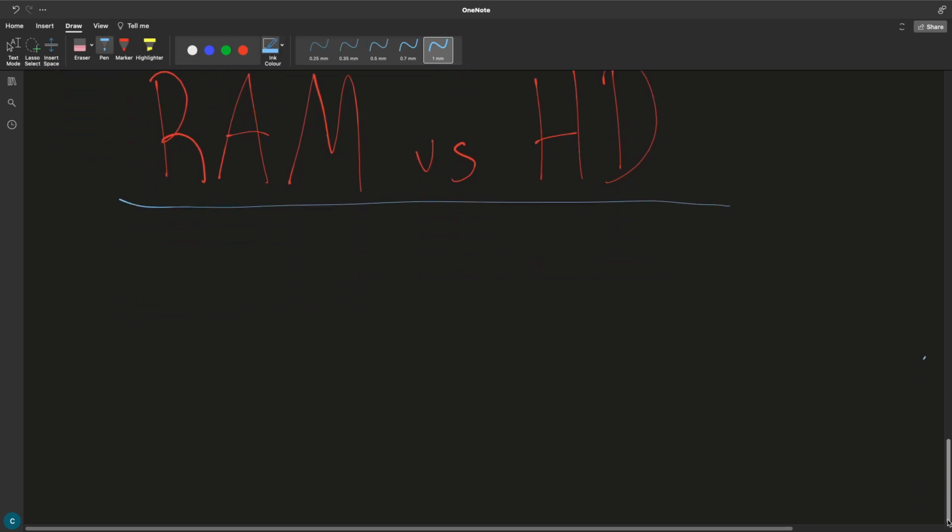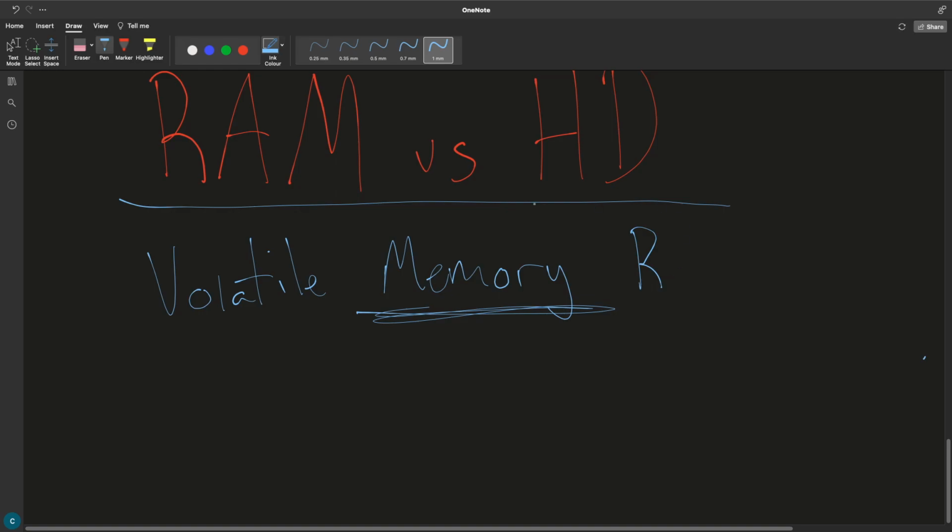So effectively, what I'm talking about here is, well, RAM is volatile, and remember, volatile memory, and it's always referred to as memory. If you ask the question, how much memory has your computer got, you are talking about RAM. You're not talking about the hard drive there.